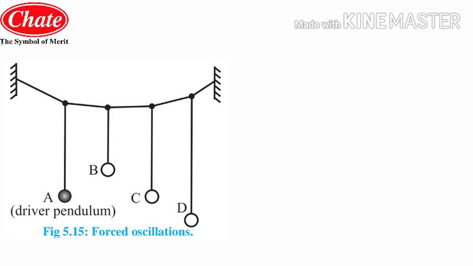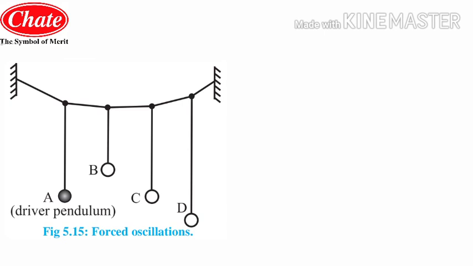Now students, pendulum A is set to oscillate in a plane perpendicular to the string. In some time, it will be observed that the other 3 pendula also start oscillating in parallel planes. This happens due to the transfer of vibration energy through the string.